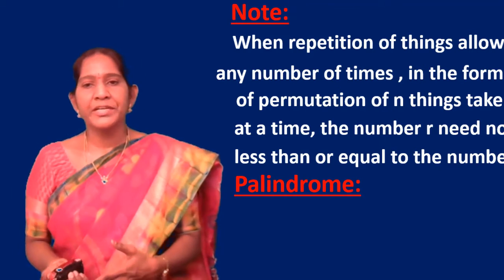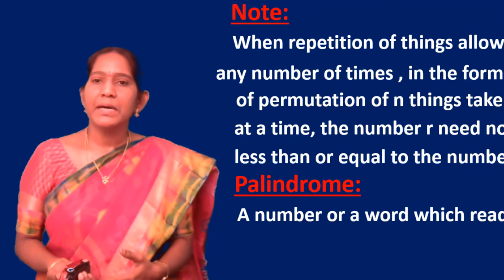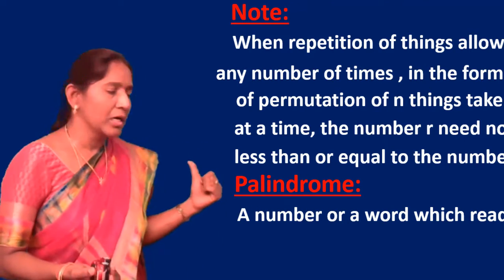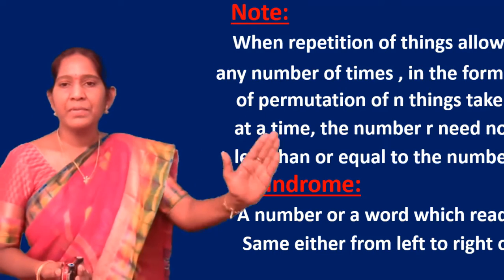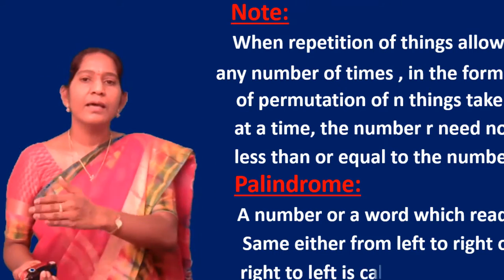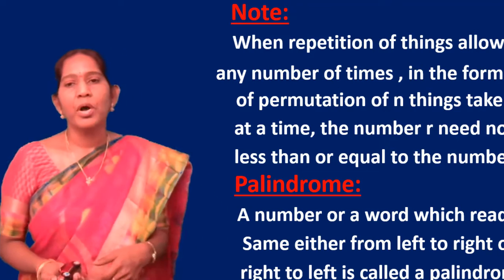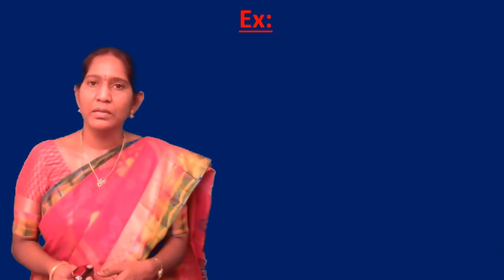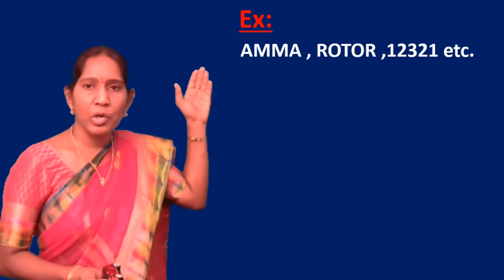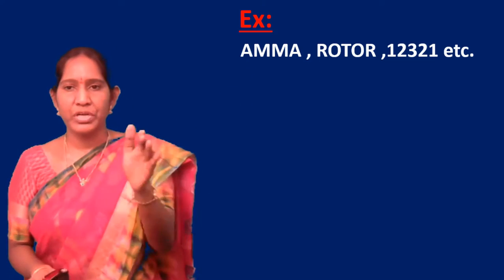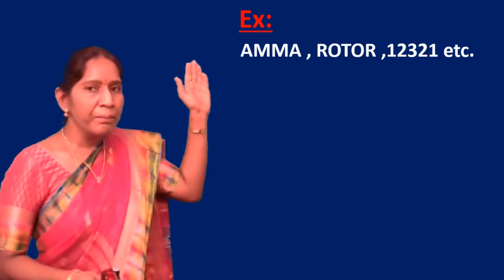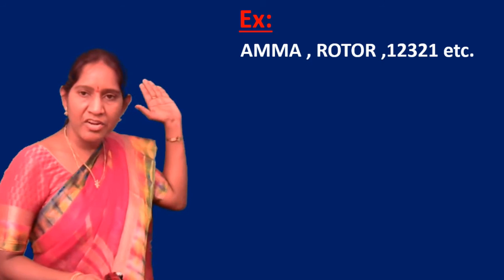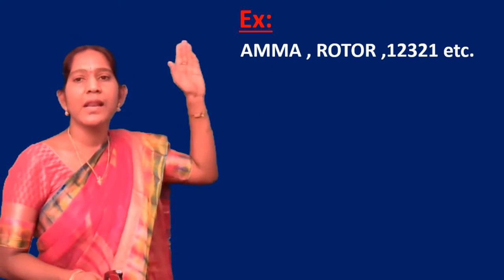Definition of palindrome. A number or a word which reads the same either from left to right or right to left is called a palindrome. Examples: Amma, Rota, and 1, 2, 3, 2, 1. If you observe this, it reads the same from left to right and right to left.